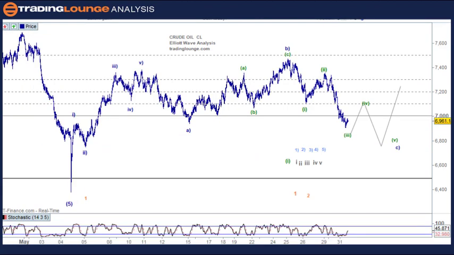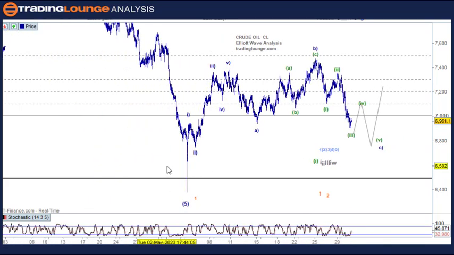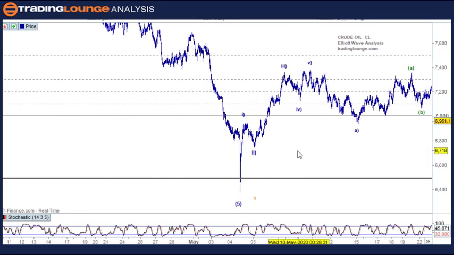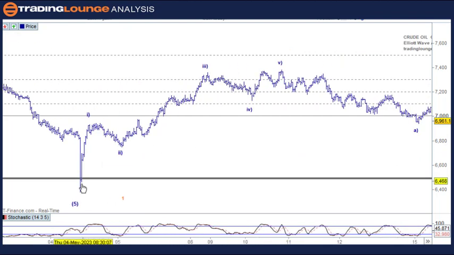Now over to the crude market. So the market came down here, and what I'm basing my opinion off is that we've got wave 1 and 2 here. Then we've got 1 and 2, then 1, 2, 3, 4, 5 here for the 3rd wave, 4th wave, and 5th wave here for the 3rd.